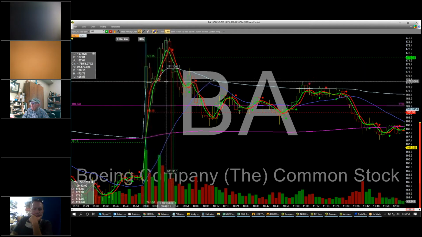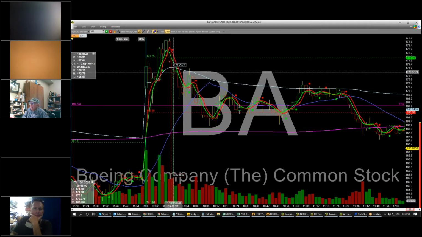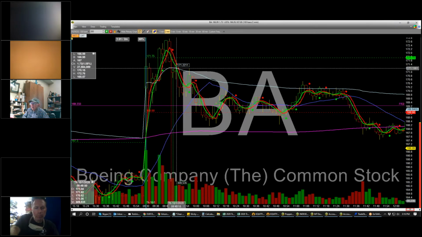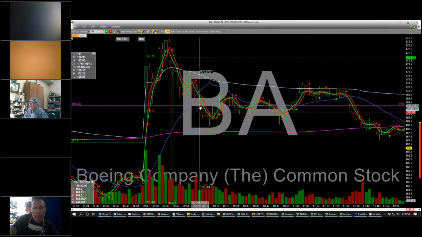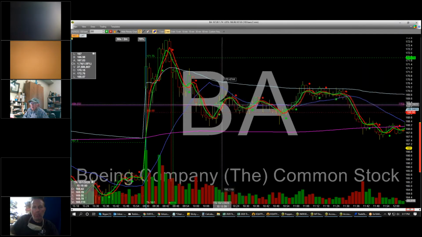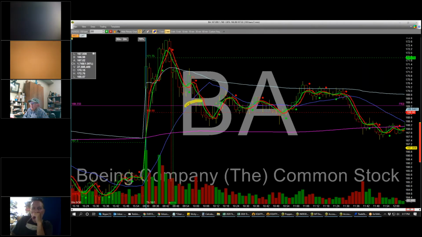So had I not taken my exit at VWAP, it actually came down to the weekly pivot. And you'll notice that it kind of gravitated most of the day around that weekly pivot. That was a powerful indicator as to where BA was going to go today.